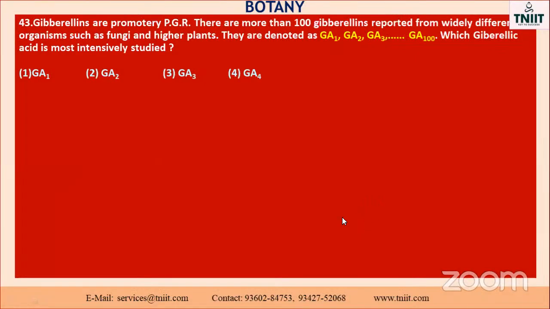Gibberellins are promotory plant growth regulators. More than 100 gibberellins have been reported from widely different organisms such as fungi and higher plants. They are denoted as GA1, GA2, GA3, up to gibberellic acid 100.